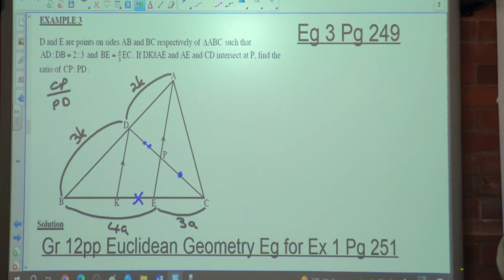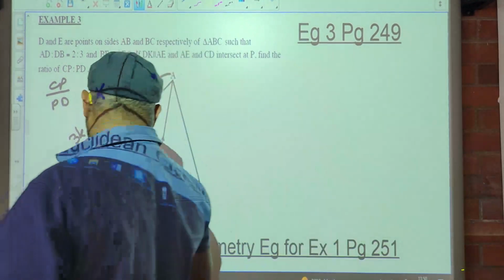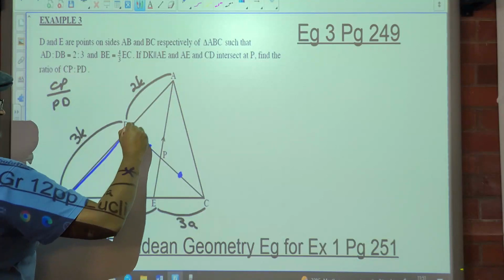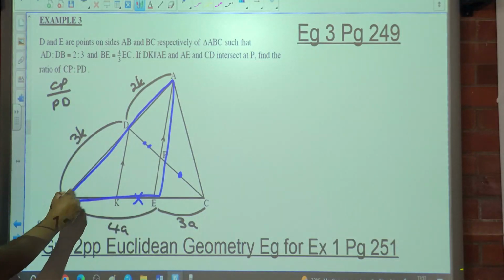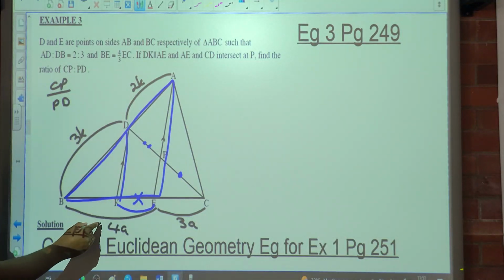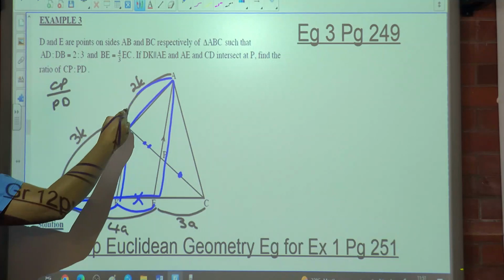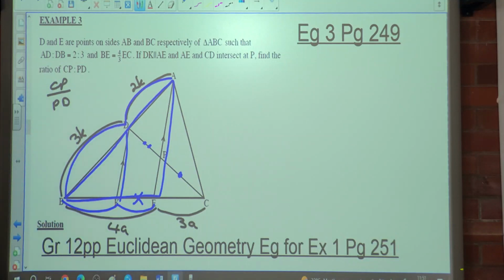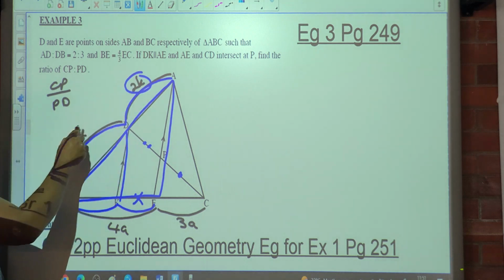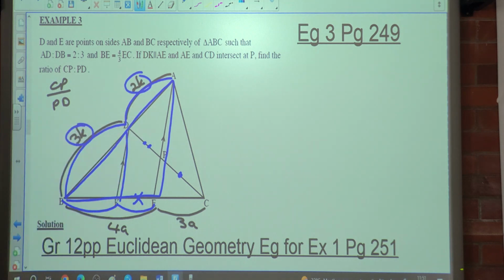So now I turn to the other triangle. Look at this triangle here. What can we say here? KE over BK is equal to AD over AB. And why am I going with that? Because I have its individual values in terms of K. Do you guys understand that? Am I moving too fast? No, okay.